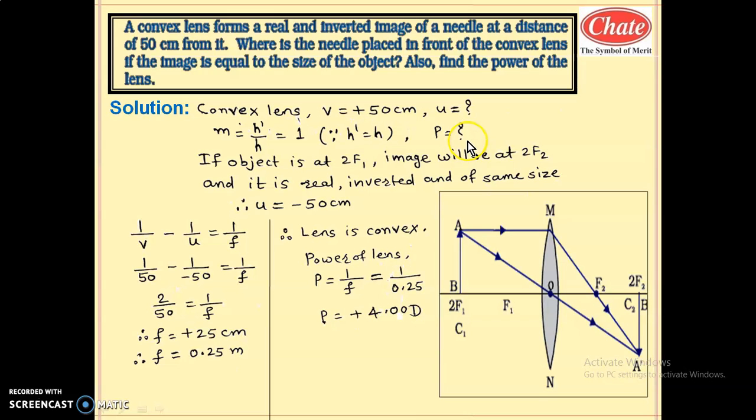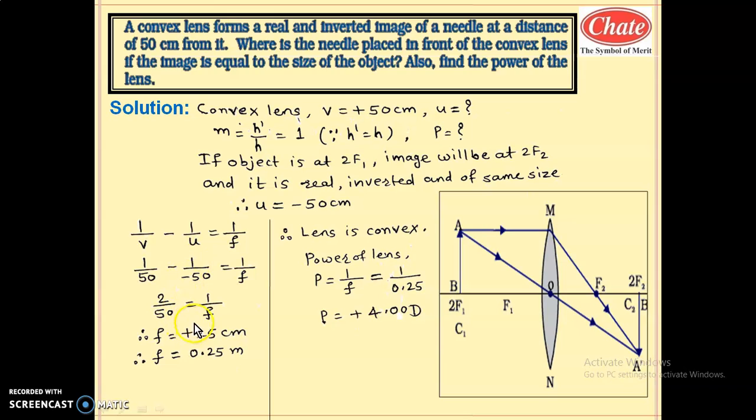The object is placed at 2F1, the image will be at 2F2, and it is real, inverted and of the same size. Therefore U is minus 50 centimeter. Like this you can write the explanation.